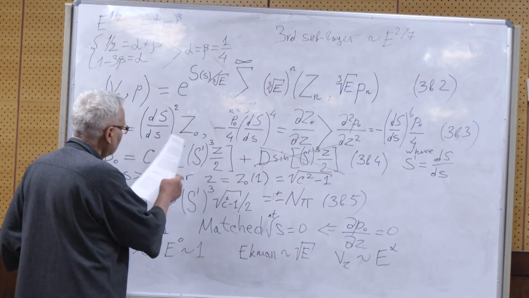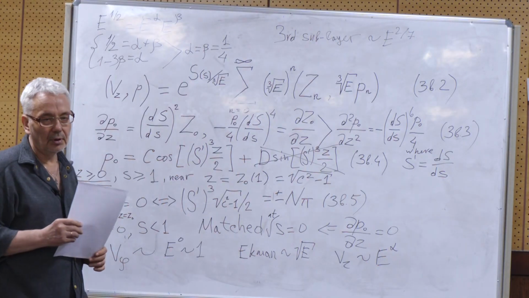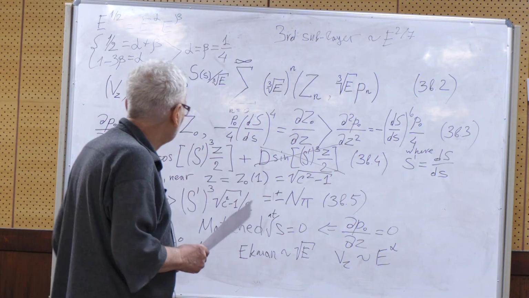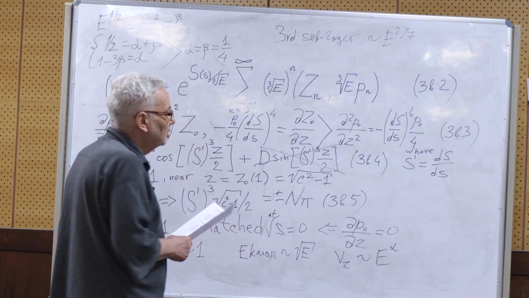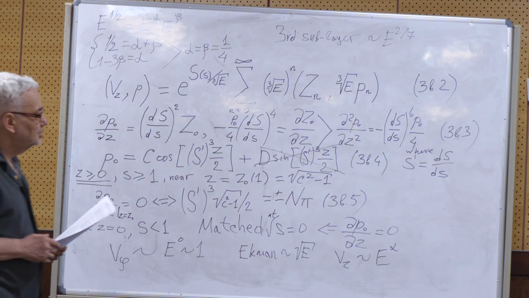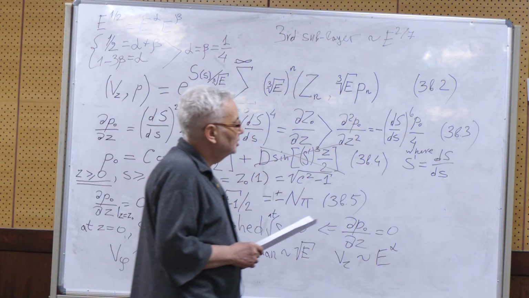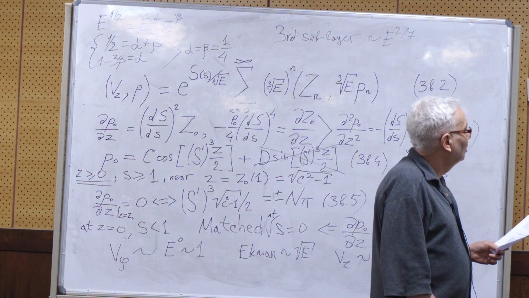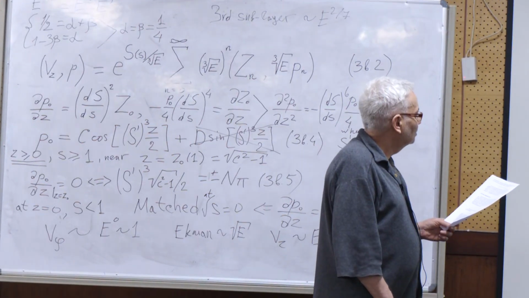But initially, how did it come that dou P naught by dou Z equals d by ds the whole square of Z naught? The first step goes from this equation. This is the initial system.